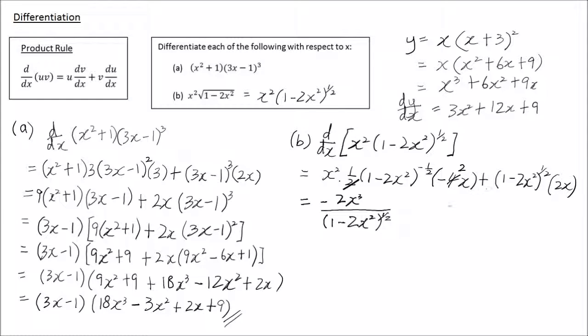And then the plus sign here. Now this can be written as 2x followed by the bracket here, 1 minus 2x squared to the power of half.